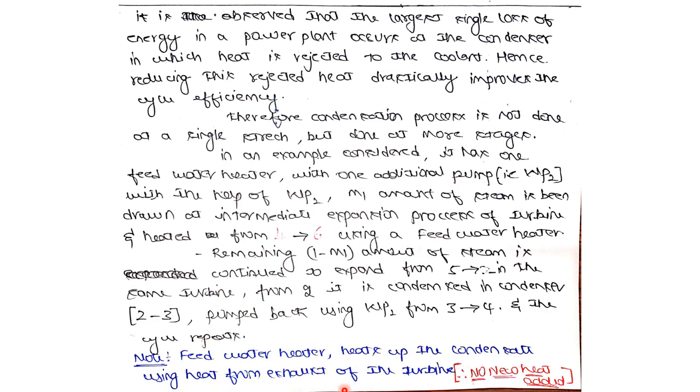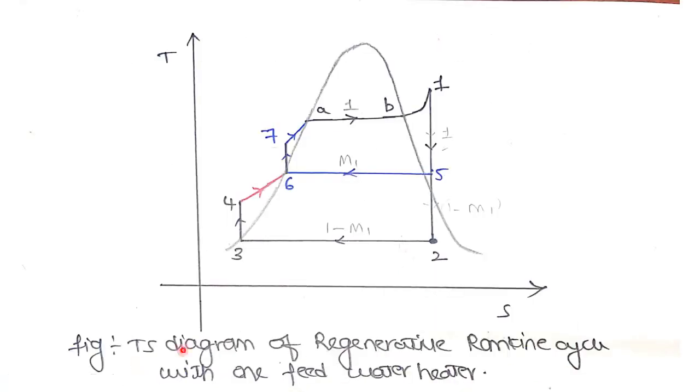You are not wasting fuel for heating from 4 to 6. Correct? You are just heating from 4 to 6 by using the heat which is available at the exhaust of a turbine. This particular heat has been utilized to heat up the feed water.